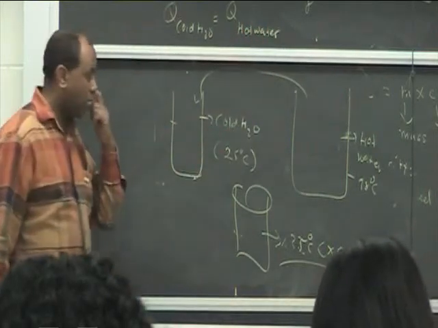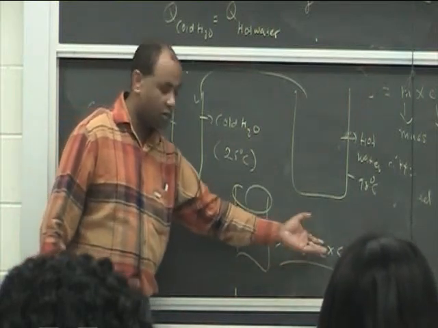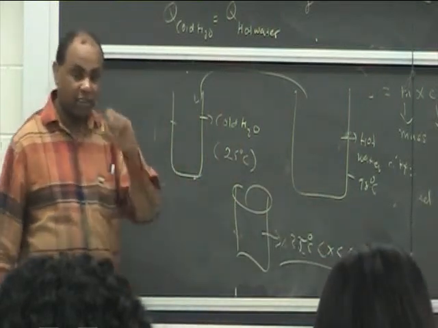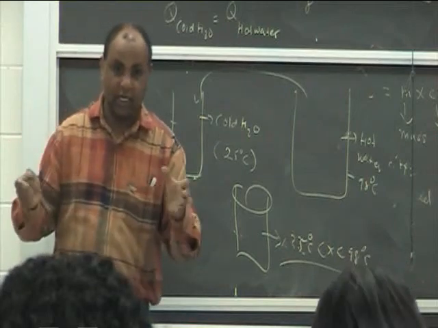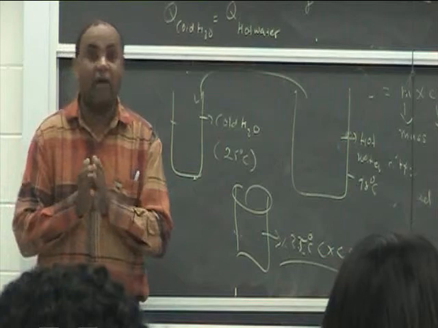So we're going to calculate the average temperature here. When you mix 98 degrees centigrade with 25 degrees centigrade, cold and hot water, what will be the final average temperature?